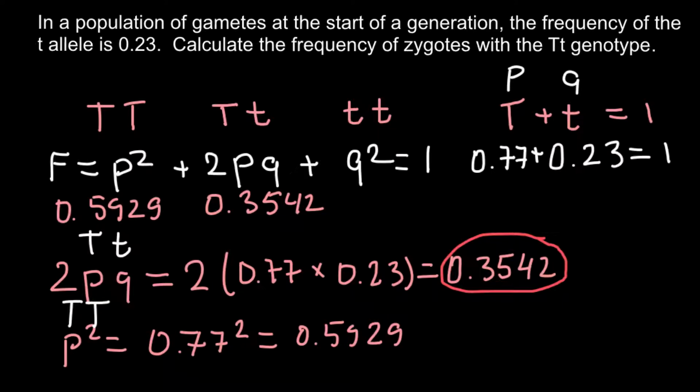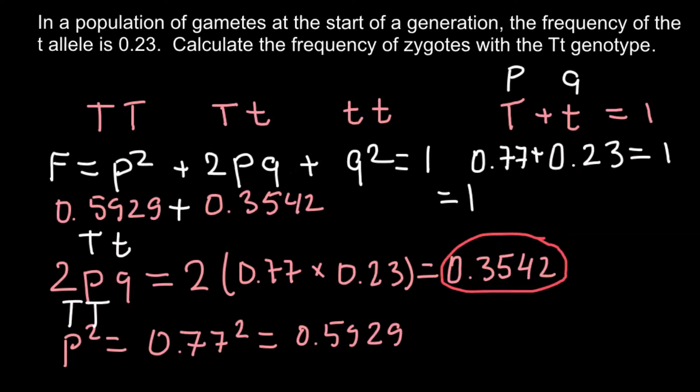And if we add these two numbers plus the frequency of the homozygous recessive genotype, we should get 1 or 100%. So let's find the frequency of the homozygous recessive genotype.